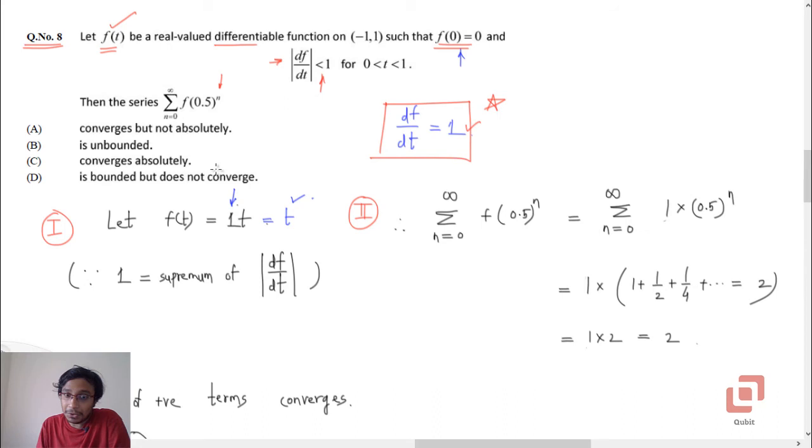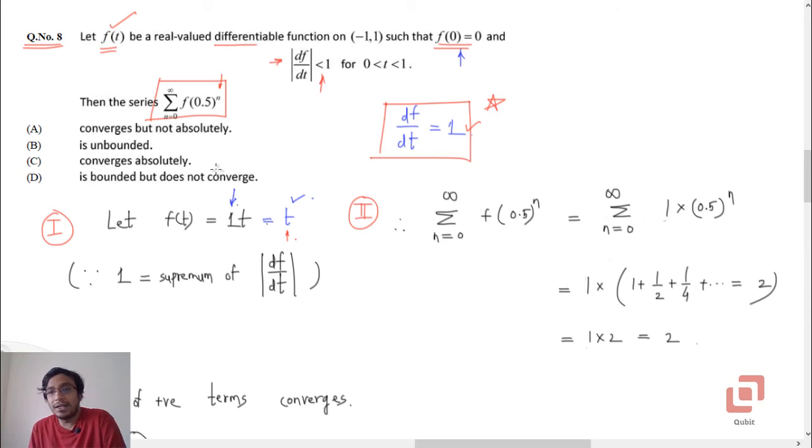Okay, so if we now determine the value of this infinite series by taking f of t as t, what are we going to get? We are going to get the upper bound on the sum that we are looking for, isn't it? So let us see.